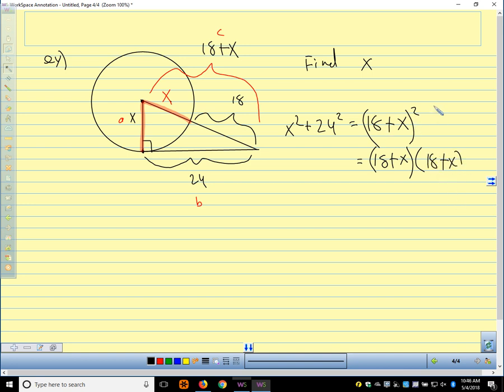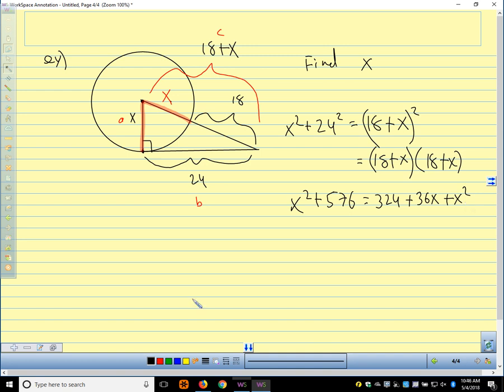It's not 18 squared plus x squared. That harms a puppy. So I need to FOIL this out. So x squared plus 24 squared is 576. When I FOIL this out, 18 squared is 324. For my outside, I get 18x. For my inside, I get 18x. So I add those together to get 36x. And for my last, I get x squared.